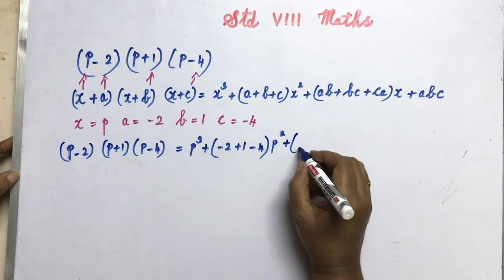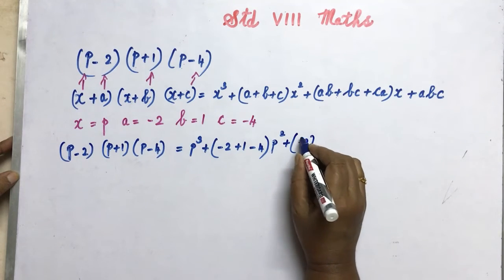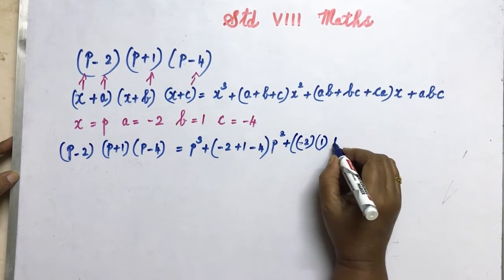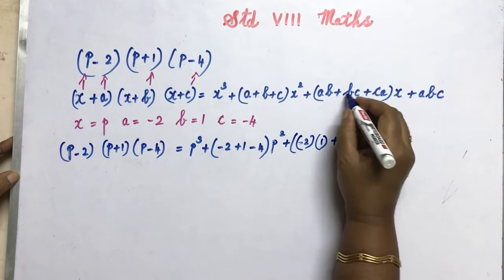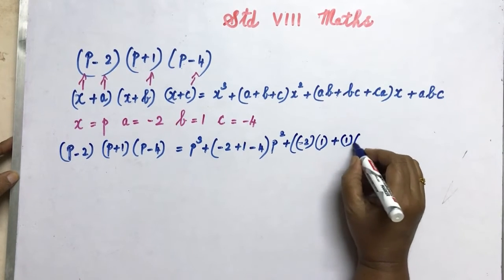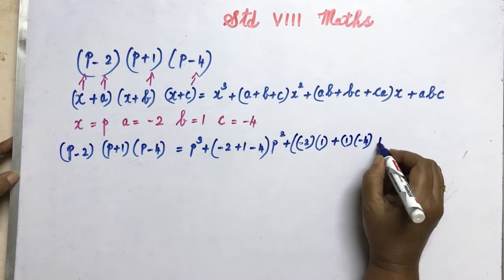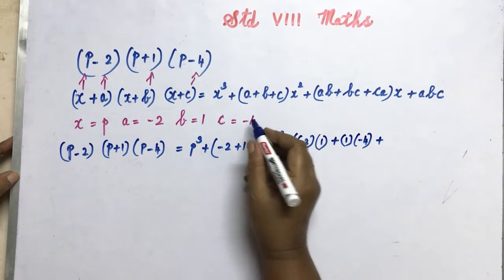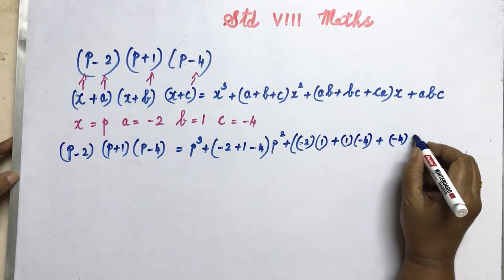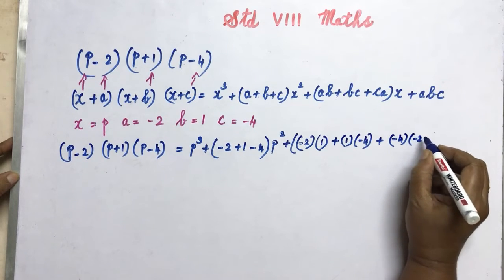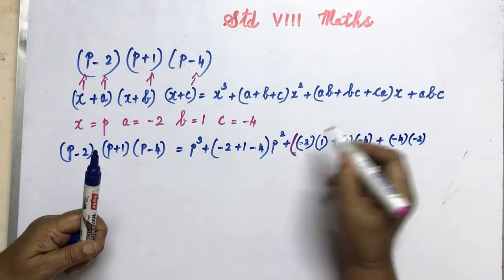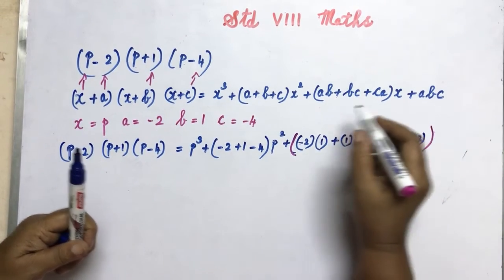In the place of a we have minus 2, in the place of b we have plus 1, plus in the place of bc we should write now b is 1 and c is minus 4, plus ca. In the place of c we should write minus 4 and in the place of a we should write minus 2. Next we have one bracket here, so we should close the bracket, multiplied by x.